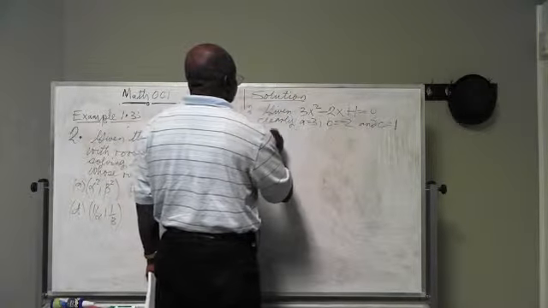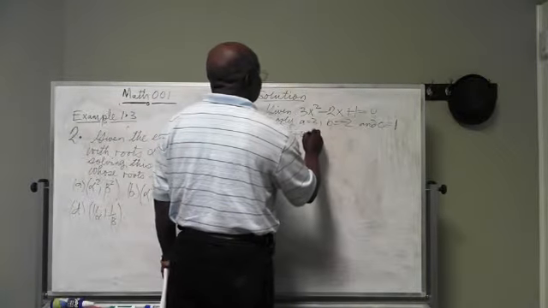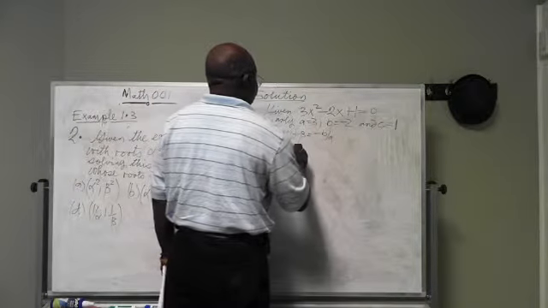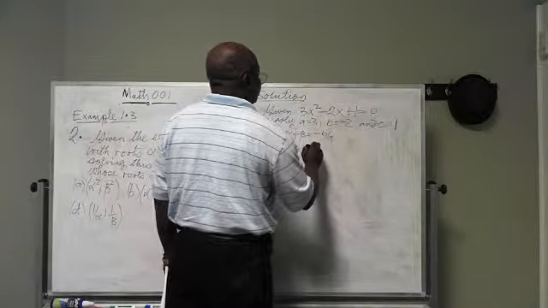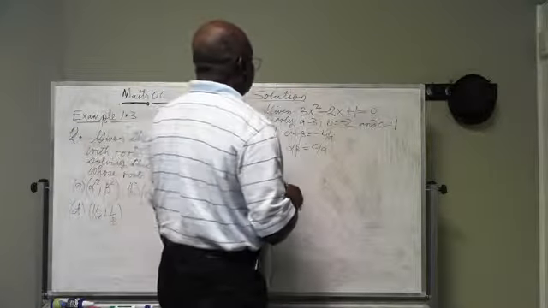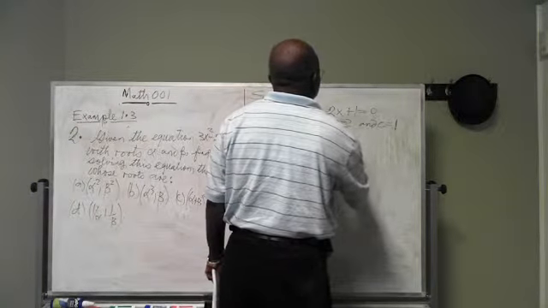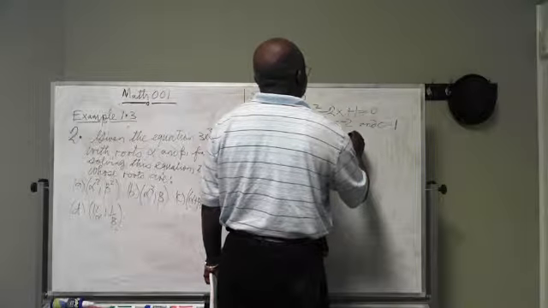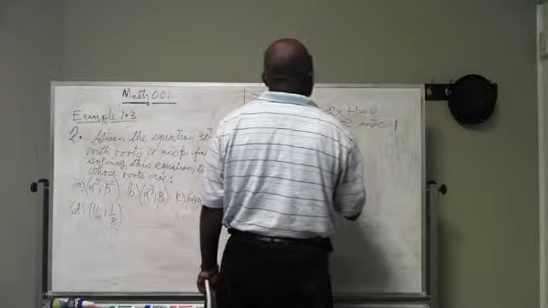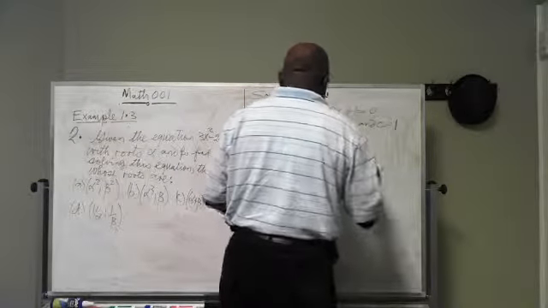Recall alpha plus beta equals minus B over A, and alpha beta equals C over A. This will be equal to 2 over 3, and this will be equal to 1 over 3.